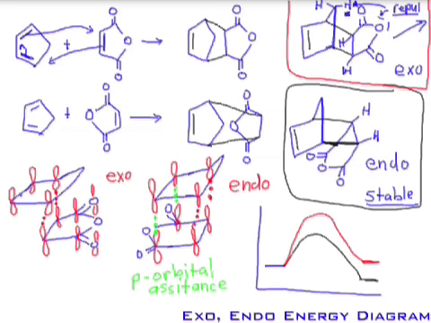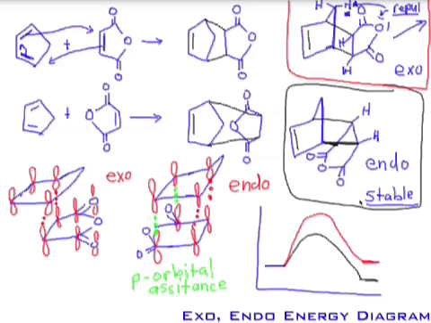There may be some subtle variations in product distribution. So what that means is the endo will be major, no matter what you conduct, because it is more stable.